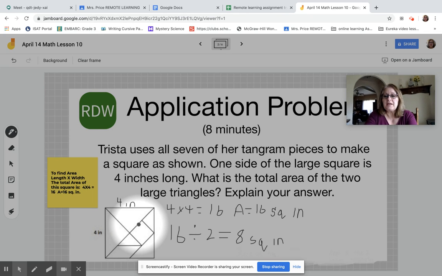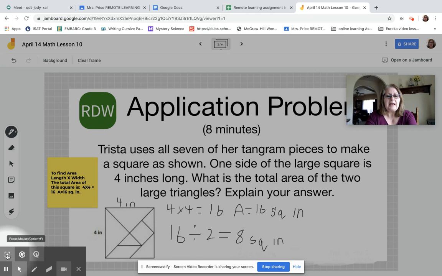We found the total was 16, and half of the total is 8. That's the total area of the 2 large triangles. I've got a note here that says to find area, length times width: the total area of this square is 4 times 4 equals 16. Area equals 16 square inches. And then to find half of it, we did that, right?